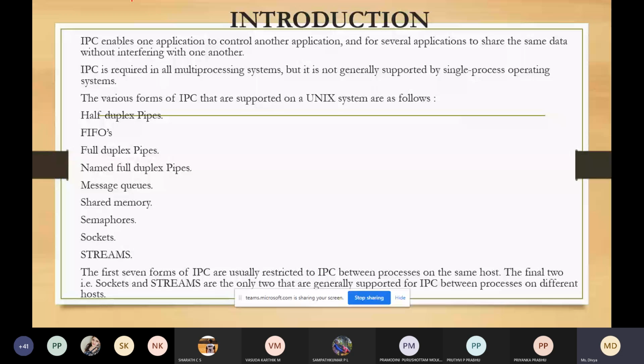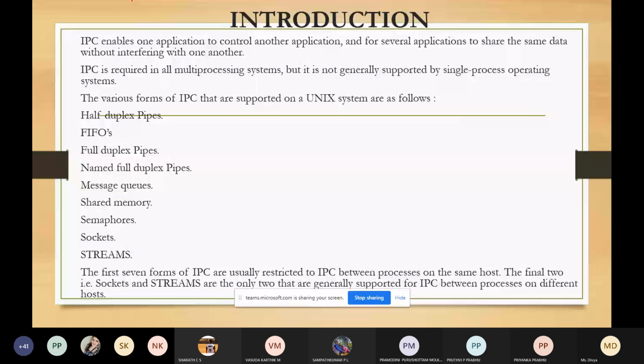Now there are different types of IPC methods. Unix has different IPC types, and this depends on what version of the operating system we are using. Some versions support some types, and others support other types. We have IPC types like pipes, also called half duplex pipes.